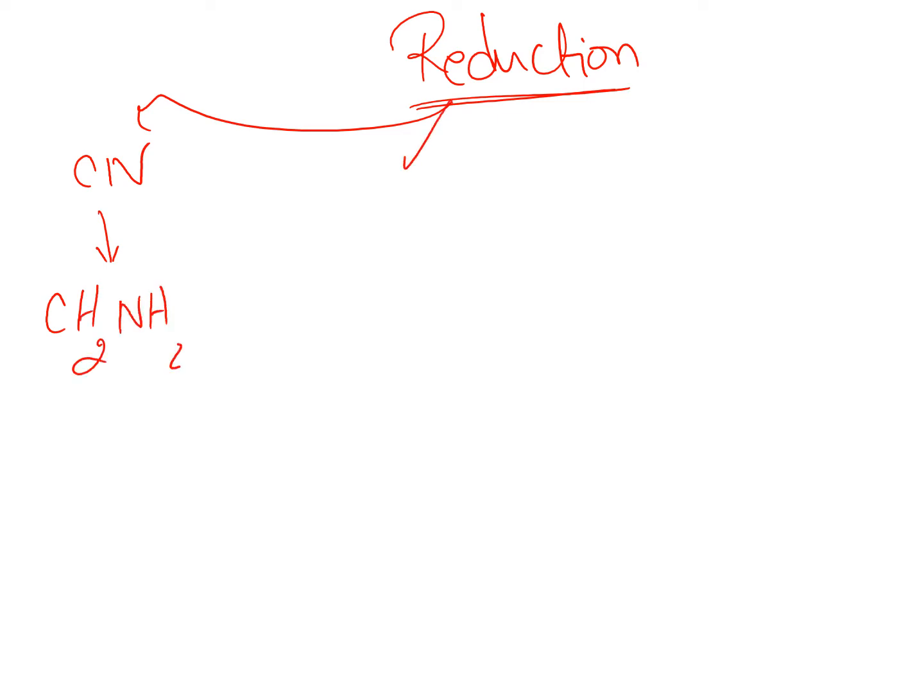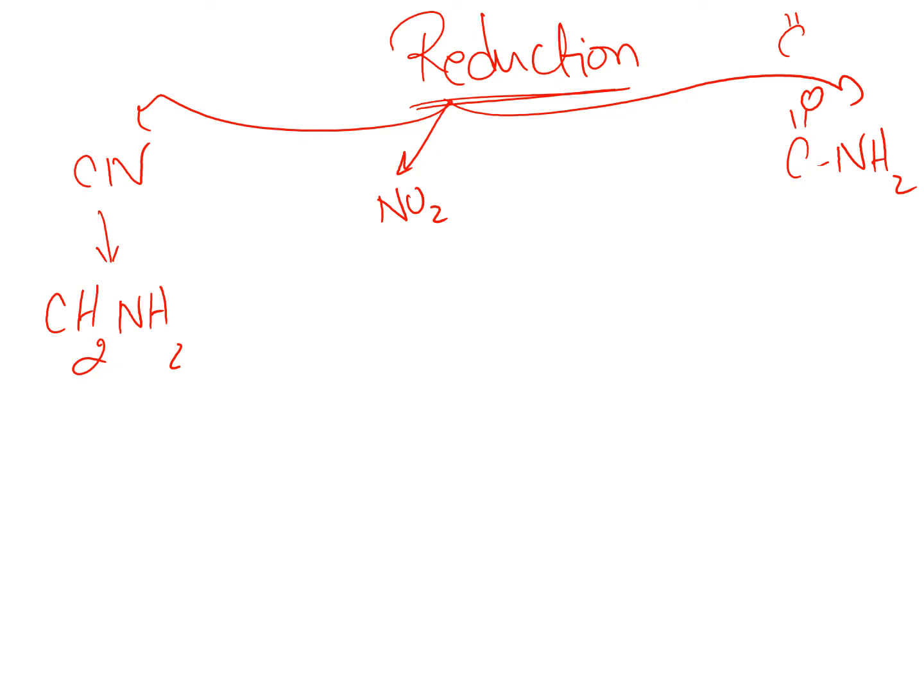You can reduce the nitro group, and again you will get the amine. And finally, you can reduce the acid amide. If you remember, when we were dealing with acid derivatives, you can revise this part where we said that in the general reactions of acid derivatives, if you reduce all acid derivatives, you will get a primary alcohol.